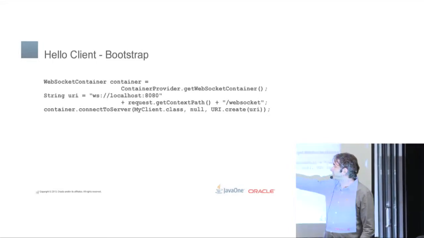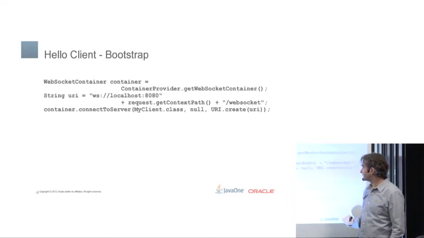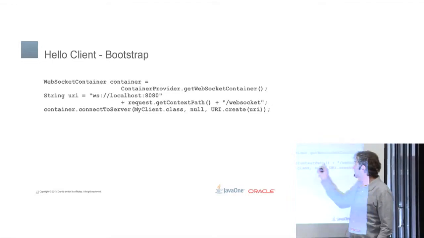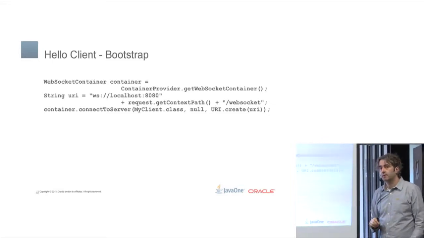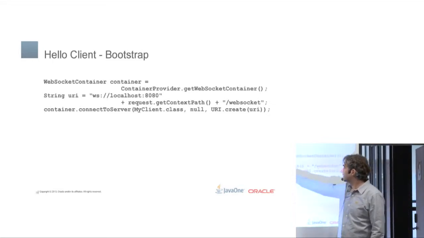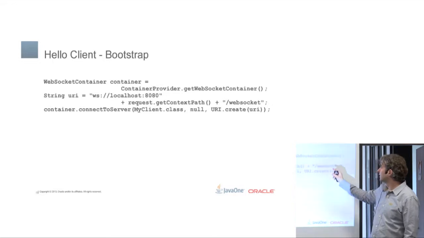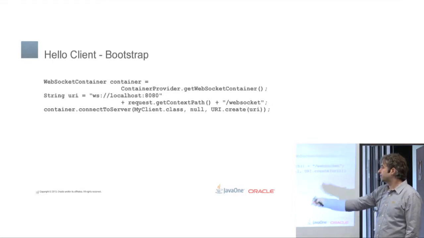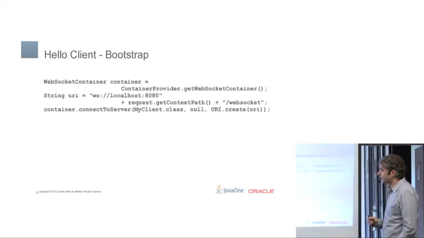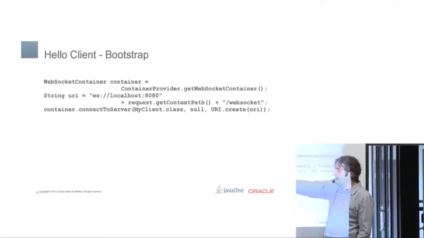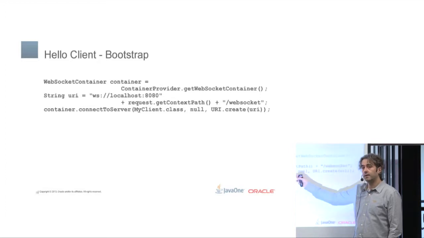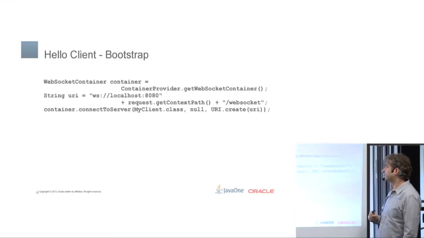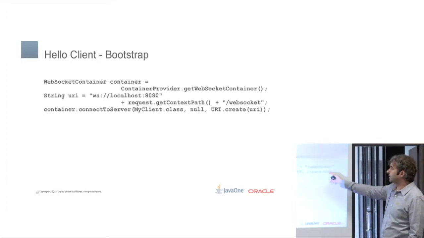In my case, it's on my localhost, 8080. This is not right, so just ignore it. And the URI is websocket. So whenever I connect through WebSocket using that URI, I will reach my remote server endpoint. And finally, I need to actually connect to it, specifying my client class, the class that we have defined just before, using that URI.